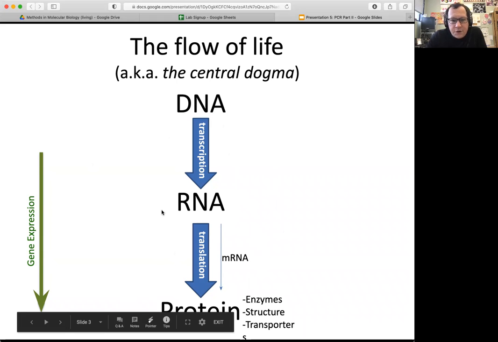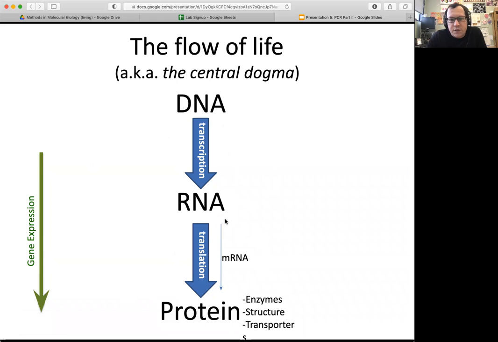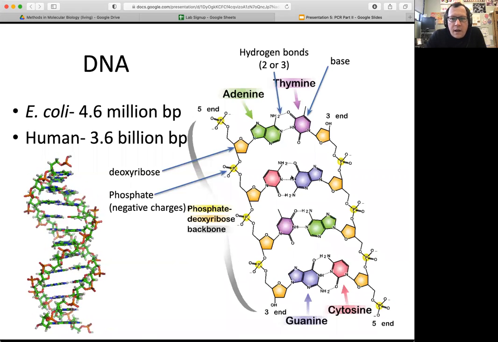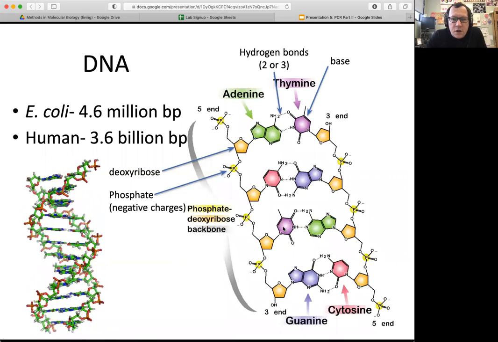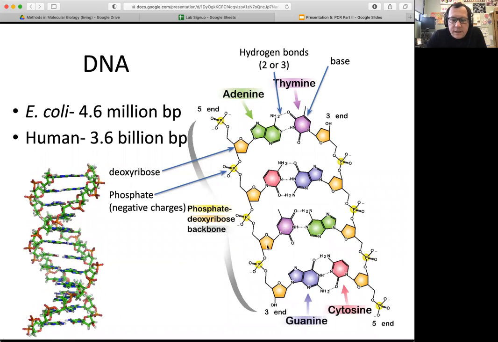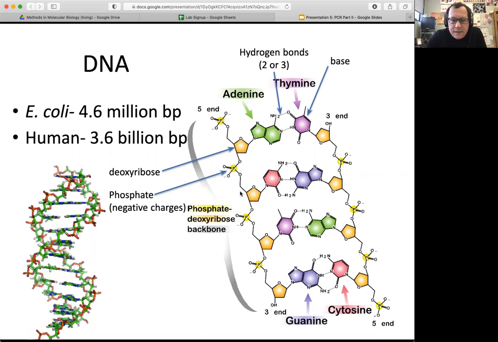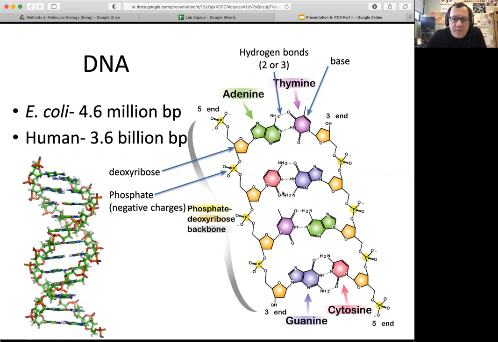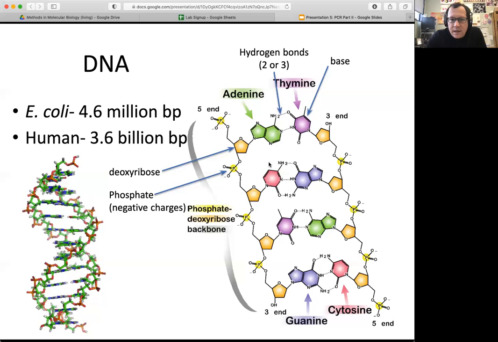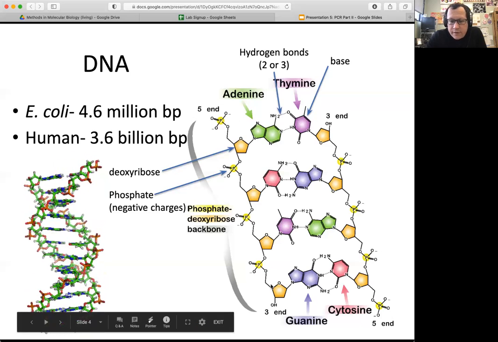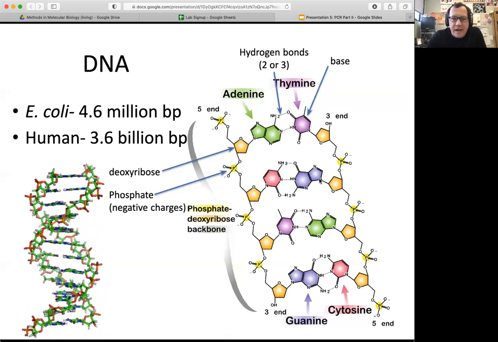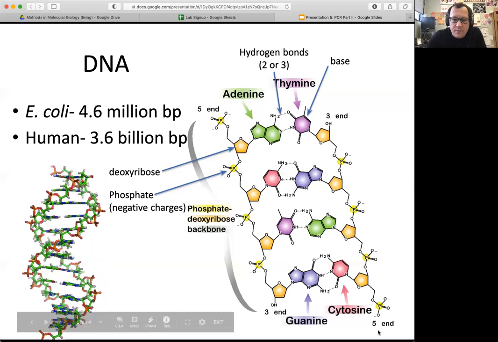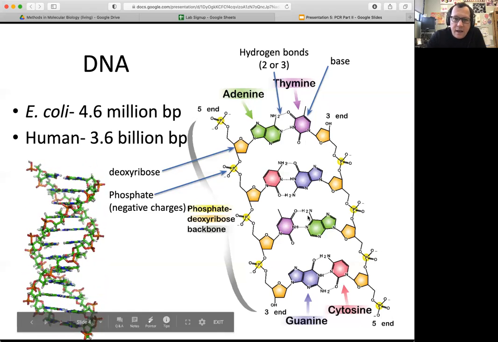Generally, the first way we look at gene expression is at the RNA level. Just to remind you of this structure, our DNA is in that double helix, anti-parallel. As it's transcribed, the RNA is going to be in the 5' to 3' direction, so it's actually reading the 3' strand of the DNA.